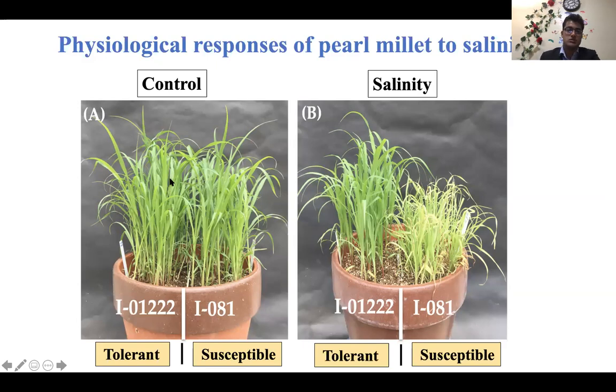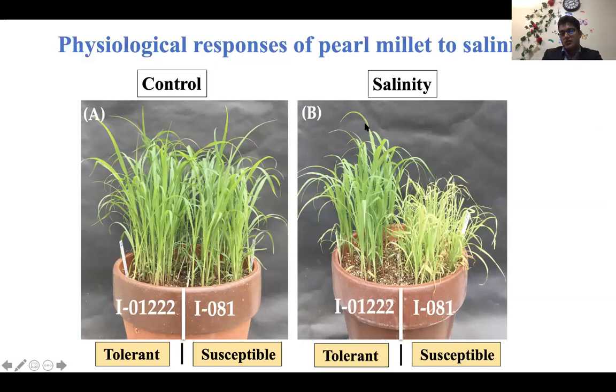Under control, both these lines show almost no effect. They are growing healthy, but after about 16 days, when we applied salinity stress by giving them 250 millimolar NaCl through the irrigation channel, you can see the clear difference.